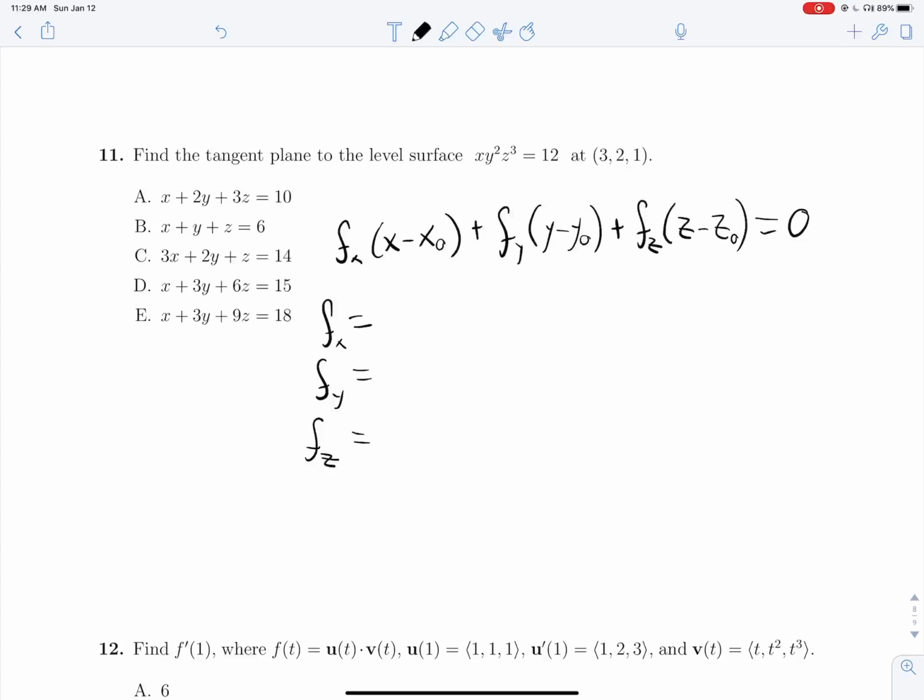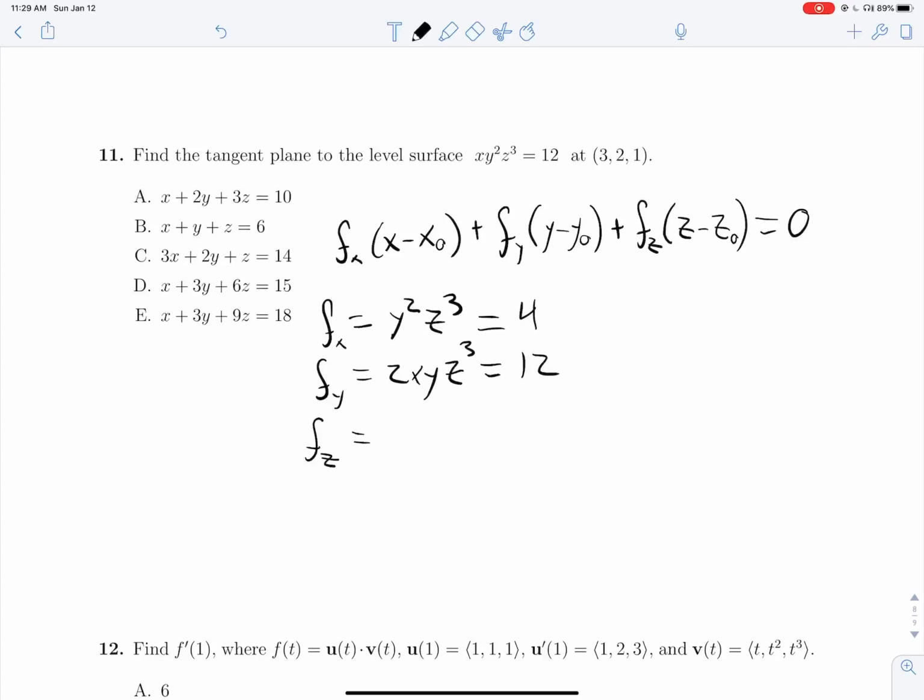Well, fx is just going to be y squared z cubed, which at 3, 2, 1 is going to give us 4. Fy is going to be 2xy z cubed, which will give us 12.